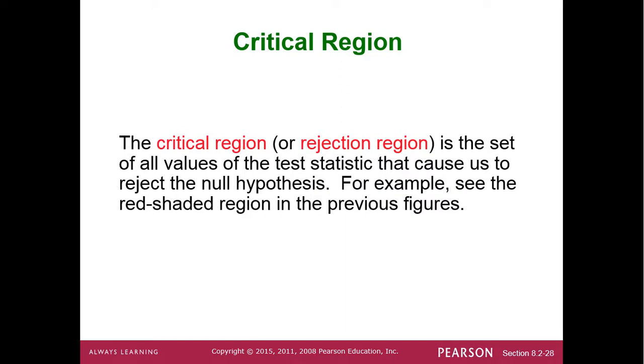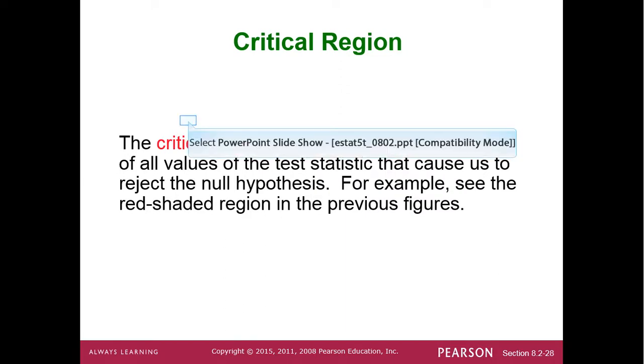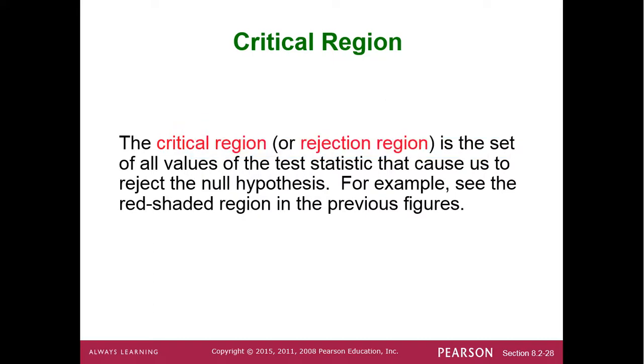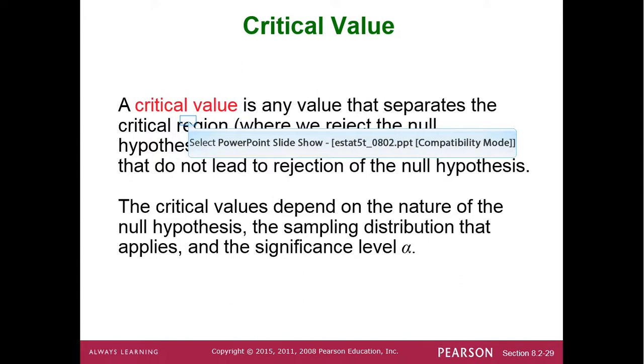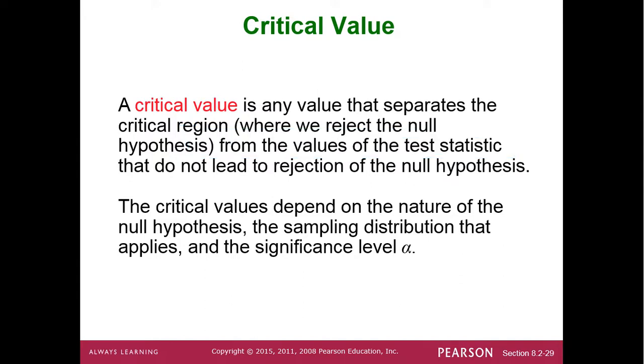If the question asks us about what is called the critical region, or the rejection region, then we're going to take a look at the values that separate the usual range from the not usual range.